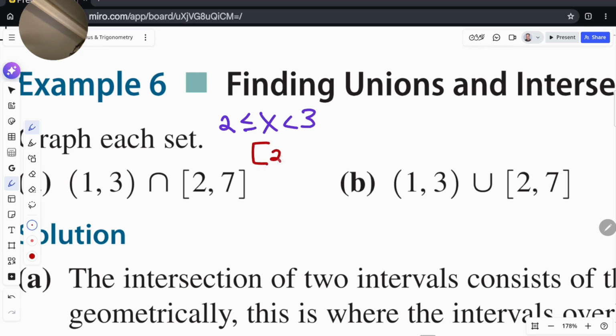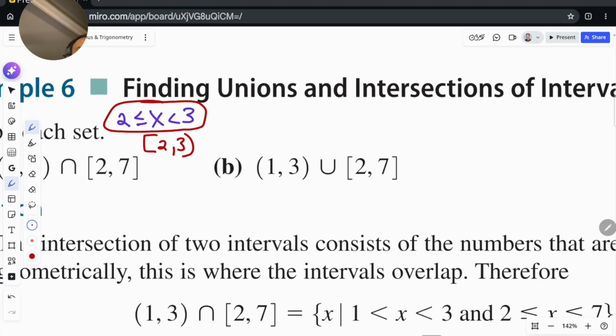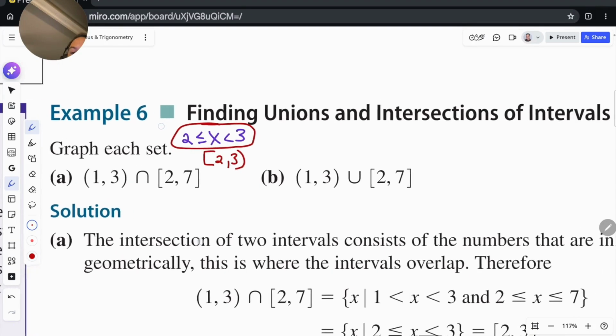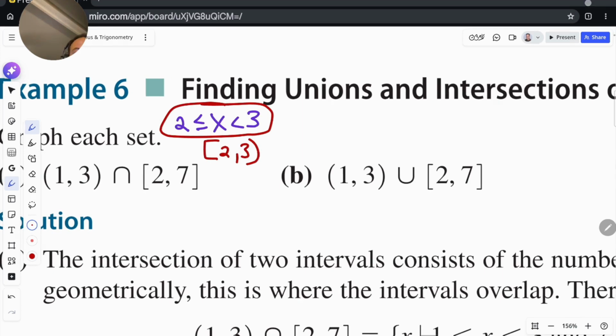Open bracket, 2 included, 3 excluded, which means x is greater than or equal to 2, but less than 3. Now, how do we graph that? This will include 2, but exclude 3.